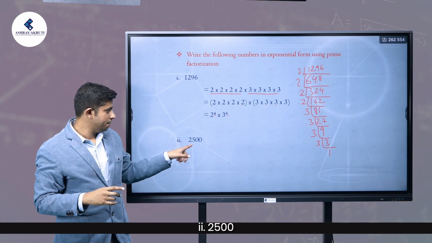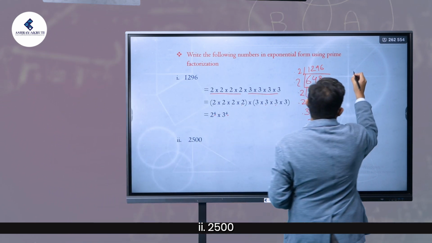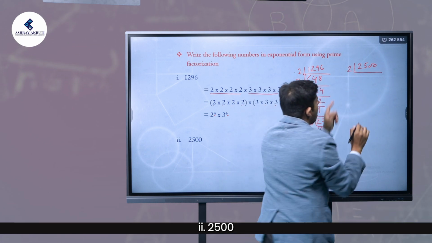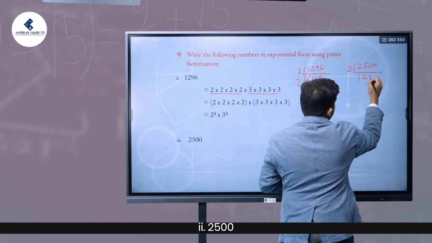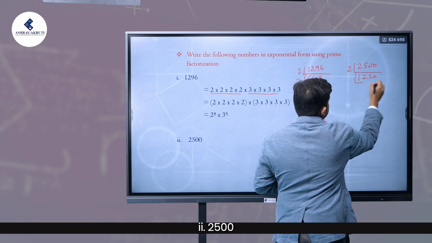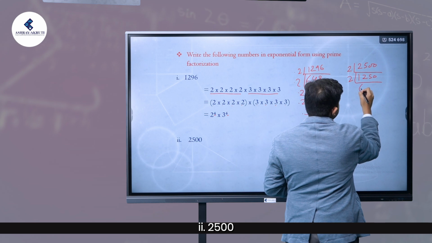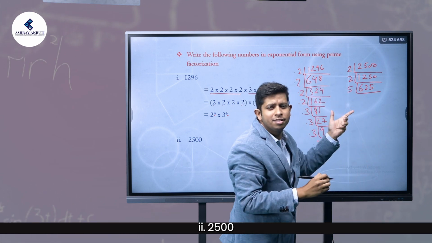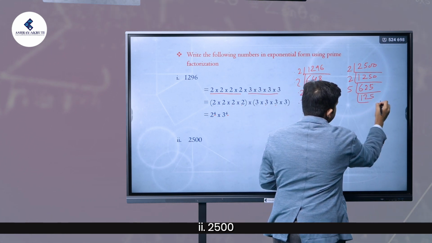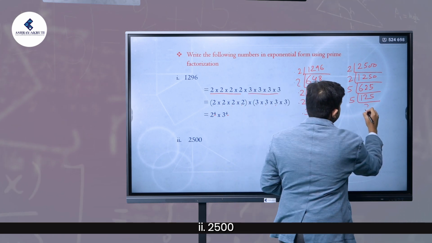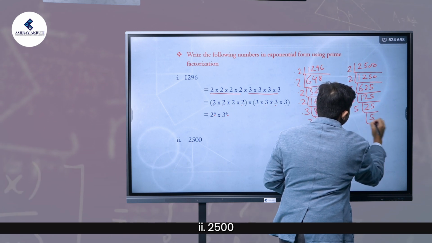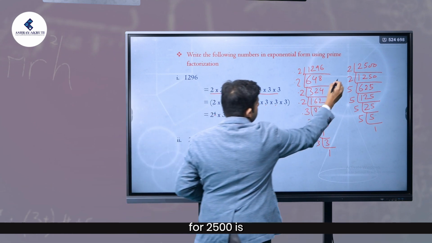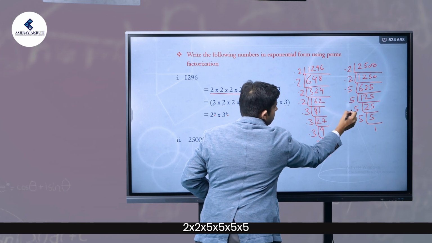Second one, 2500. Prime factorization for 2500 is 2 into 2 into 5 into 5 into 5 into 5.